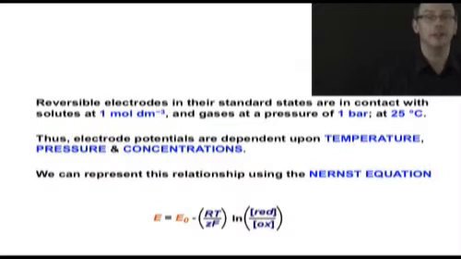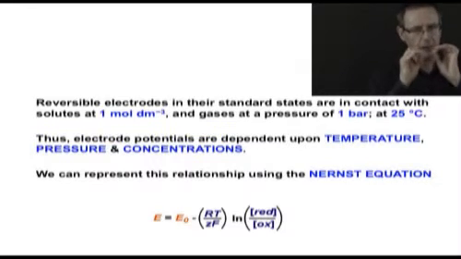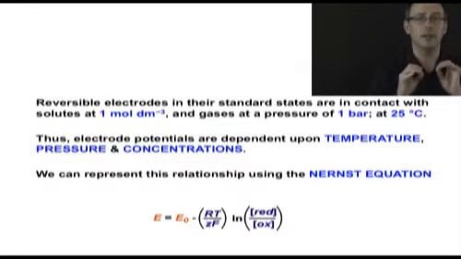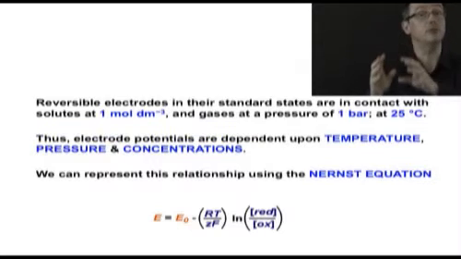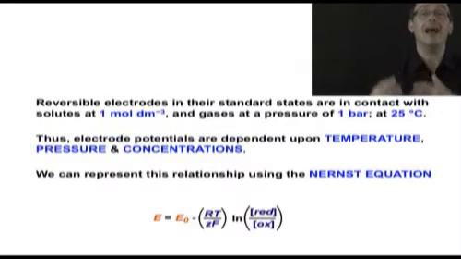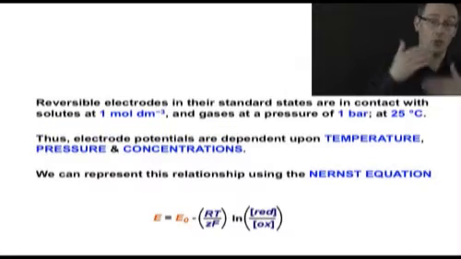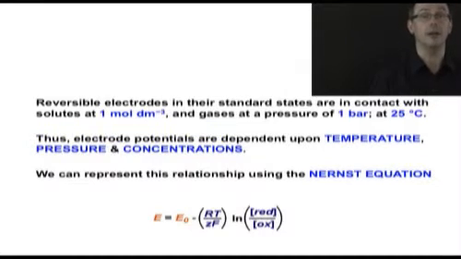What the Nernst Equation is telling us is that the electrode potential is very closely and precisely determined by the concentrations of the reduced form of the chemical we're looking at and the oxidized form. So when we know what those concentrations are and we know the standard potential for that particular cell, then we can work out the potential for any set of conditions.